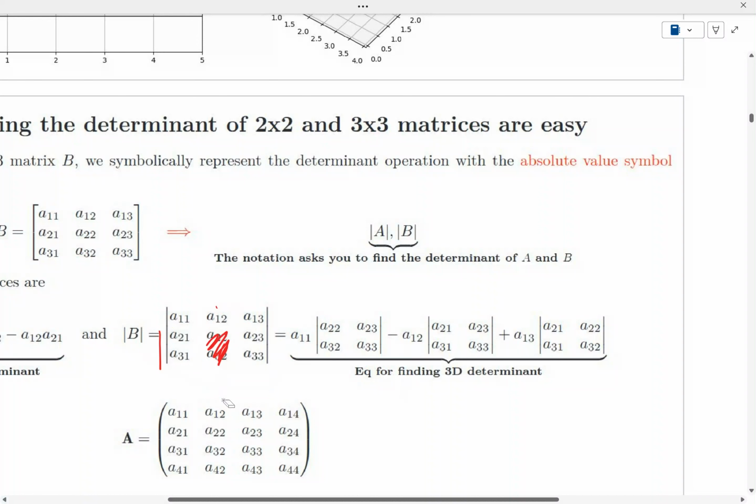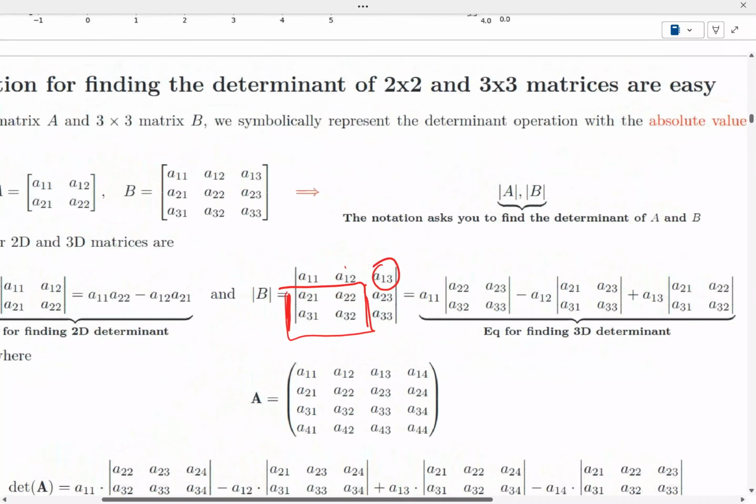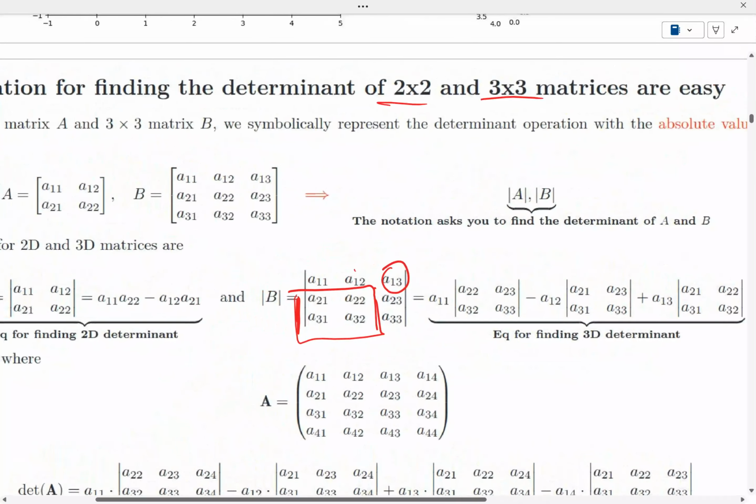So it's plus, minus, plus. The sign starts with plus, and then it switches back and forth between plus and minus. Now it's plus again. So the plus is right here, and that is going to multiply by the determinant of this quadrant. So these are the rules for how to do 2 by 2 and 3 by 3.